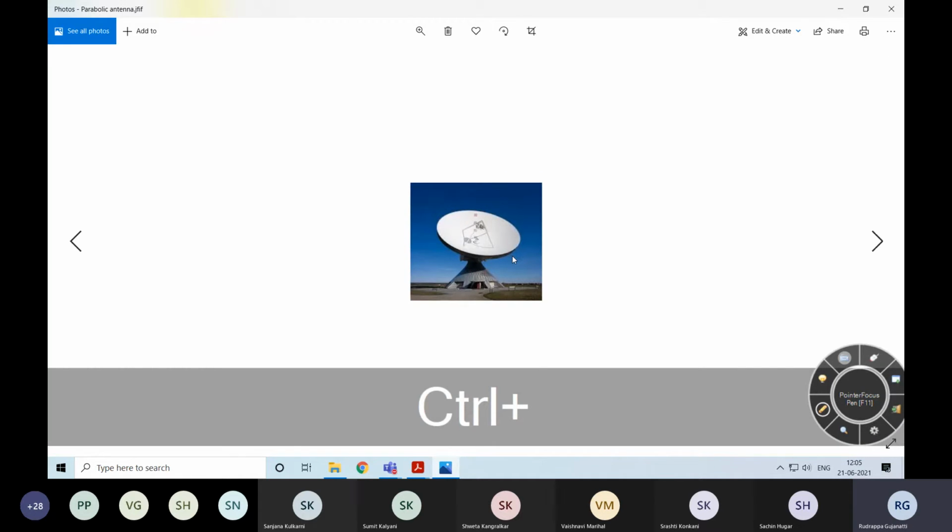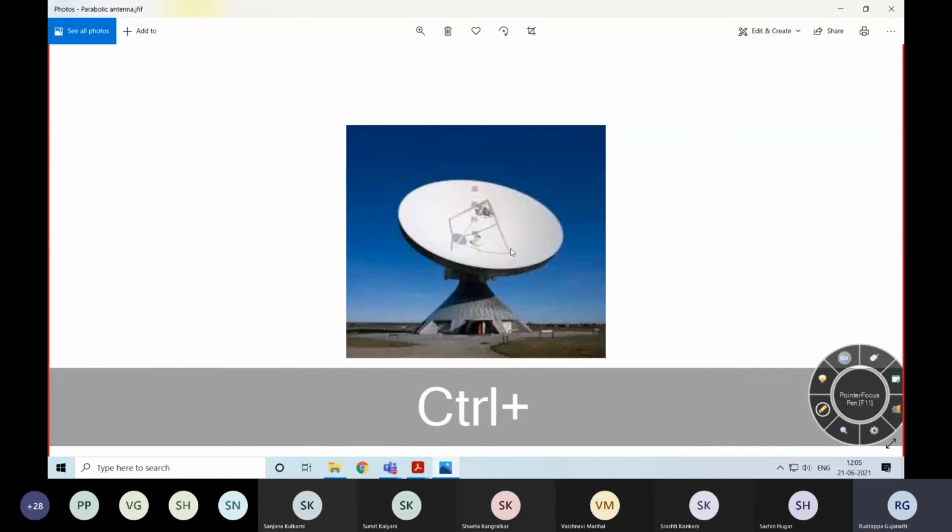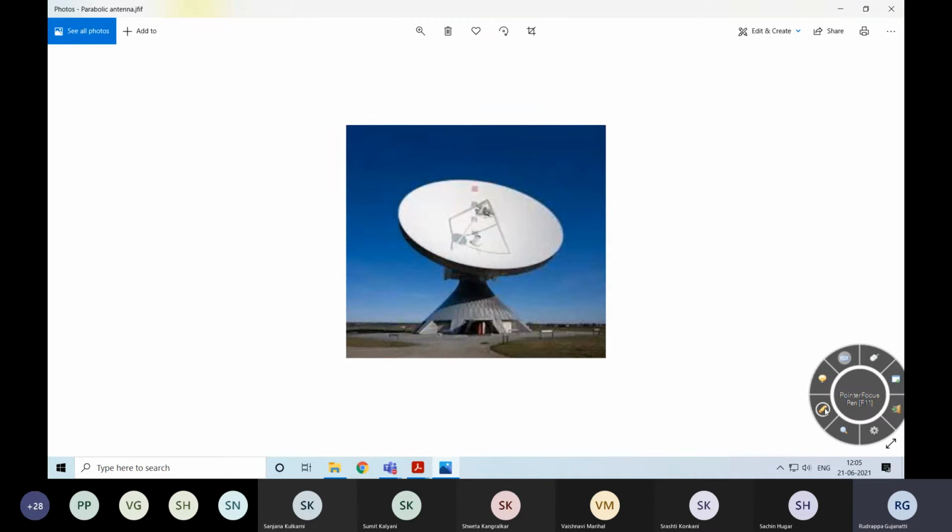So this is a parabolic antenna, or the dish antenna, as we specify. Here this is the parabolic structure, and you have a receiving element in between.